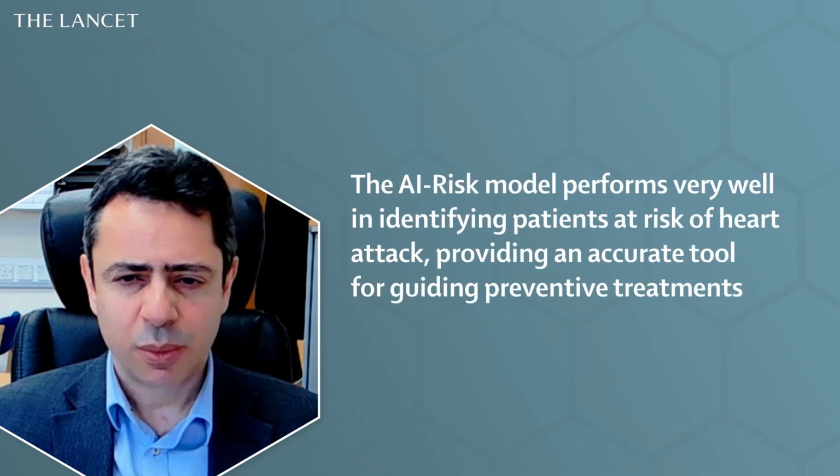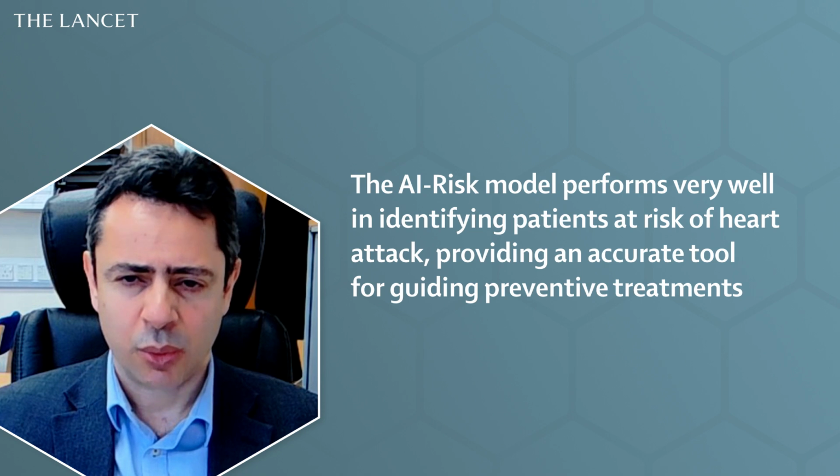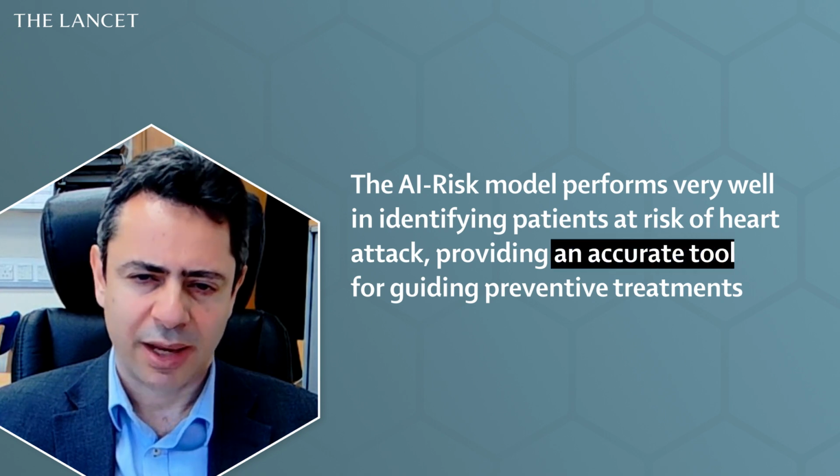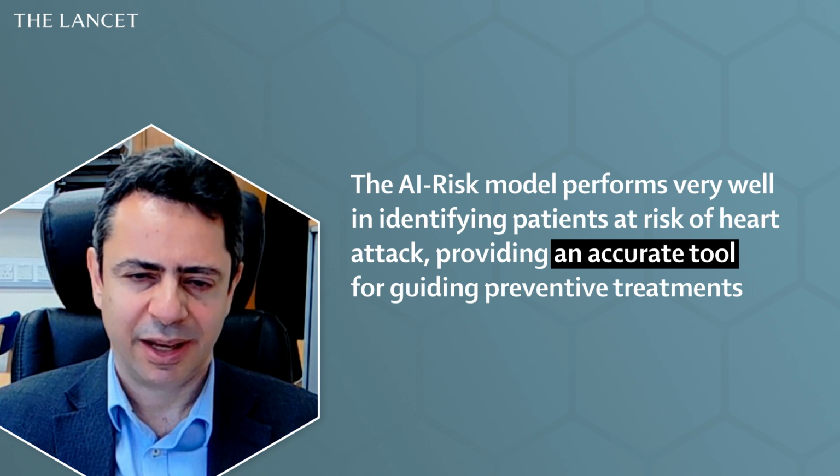The AI risk model that combines the PHI score with plaque and the patient's risk factors performs very well in identifying patients at risk of heart attacks, providing an accurate tool for guiding preventive treatments in clinical care.